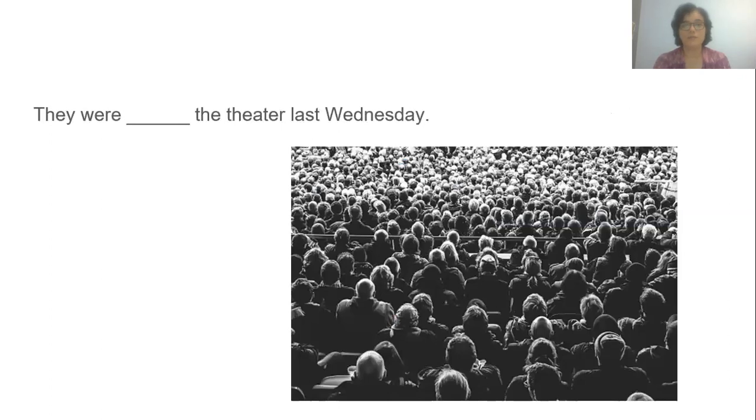What about this one? They were dash the theatre last Wednesday. Is it showing movement or not? Are they there or are they getting there? In, right? Because they're not getting there, they're already there. They were in the theater last Wednesday.